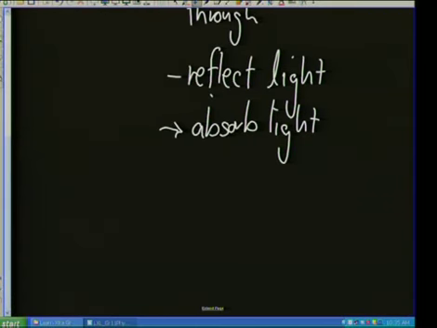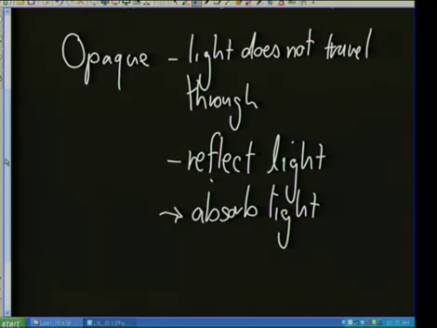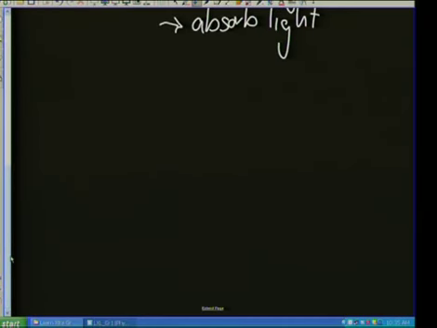Hope you've got that. Now, that was the first type of substance or object. Objects that are opaque reflect light, and they absorb light. Secondly, we can get translucent objects.